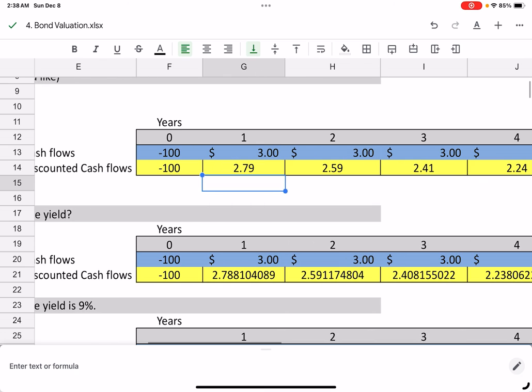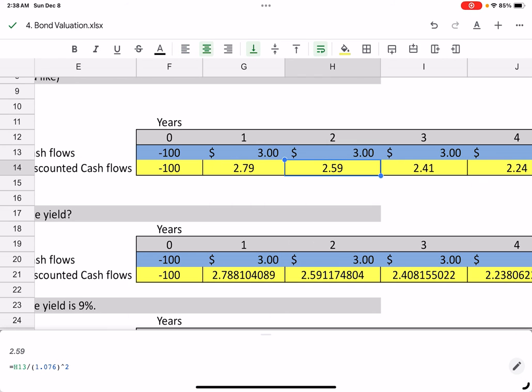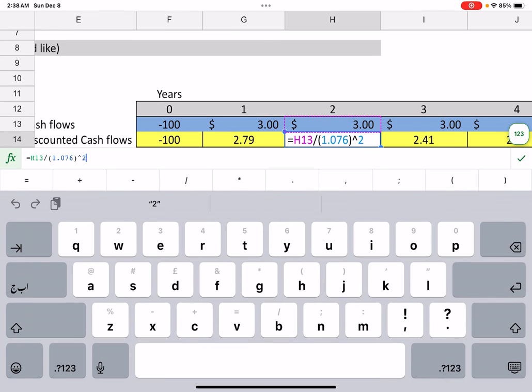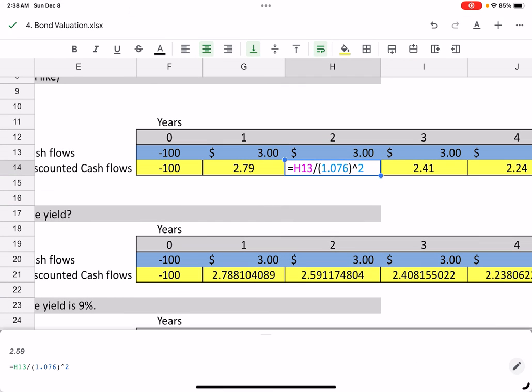Similarly, when we go to year two, we use the same discount factor, 1.076, but now we raise it to the power of 2, because that cash flow is received 2 years from year 0.